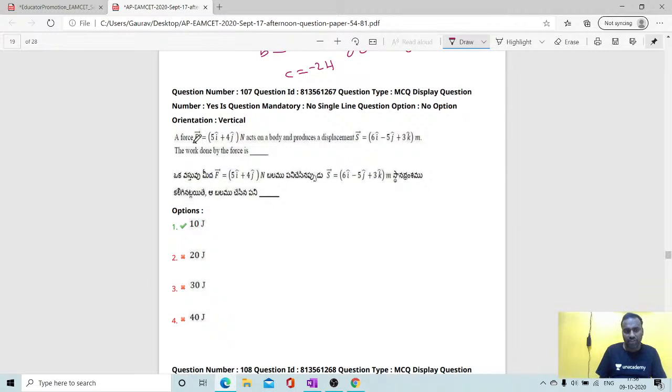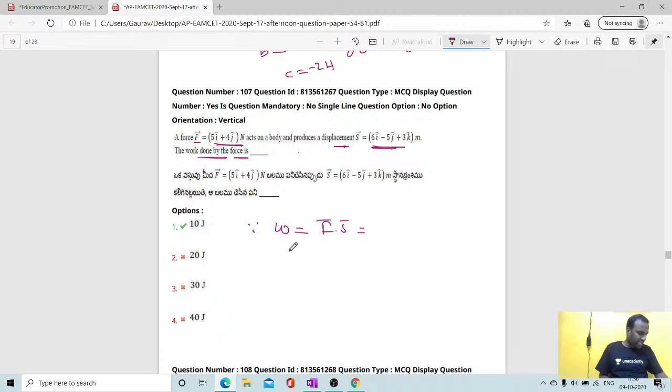See here, students. A force F bar equal to 5i plus 4j acts on a body and produces a displacement 6i minus 5j plus 3k. Find the work done by the force. Since you know that work done is the product of force and displacement, it is the basic definition of work done.